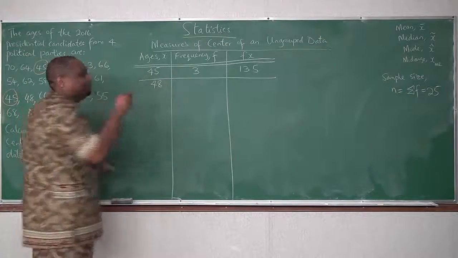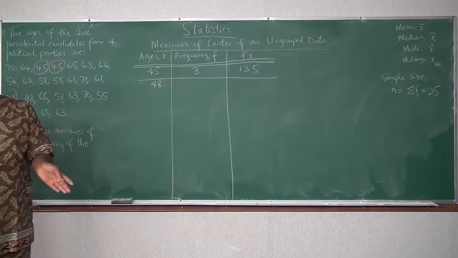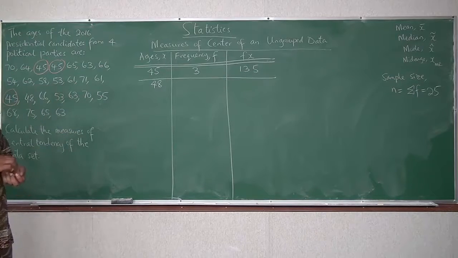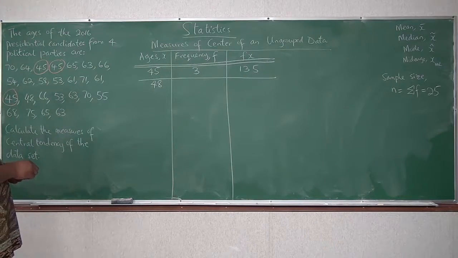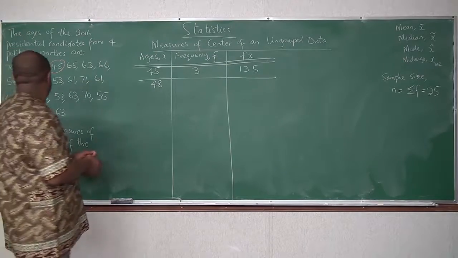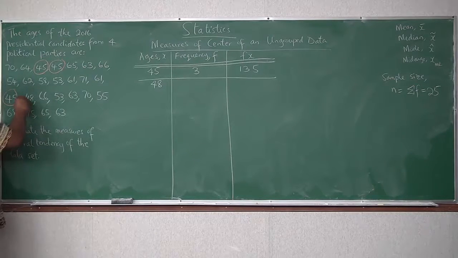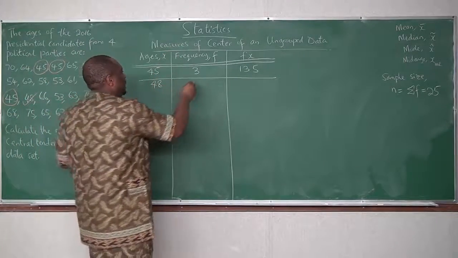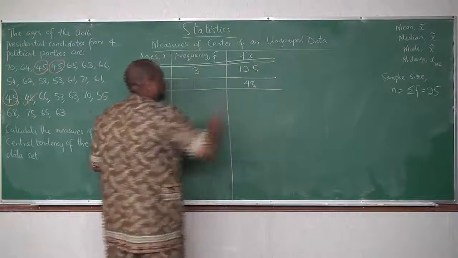And these are their present ages as at October 2016. 48, you have one person. I'll just use a check mark. 48 times 1 is 48.